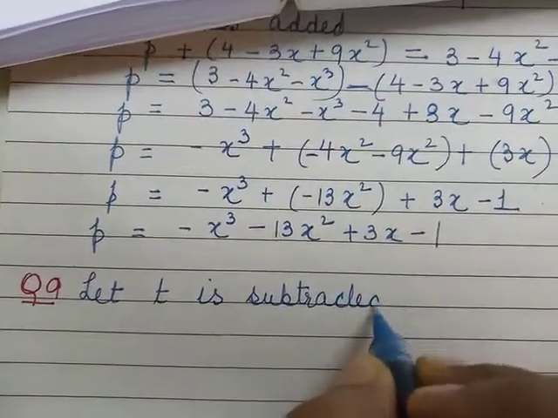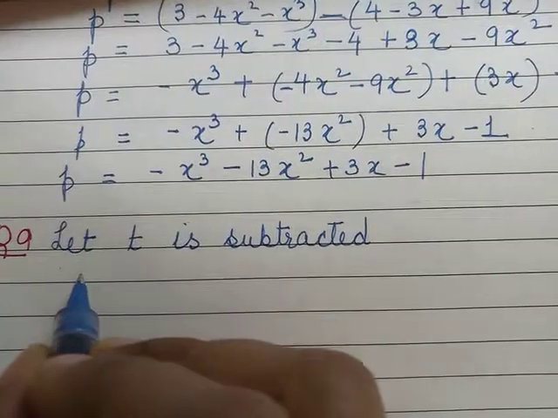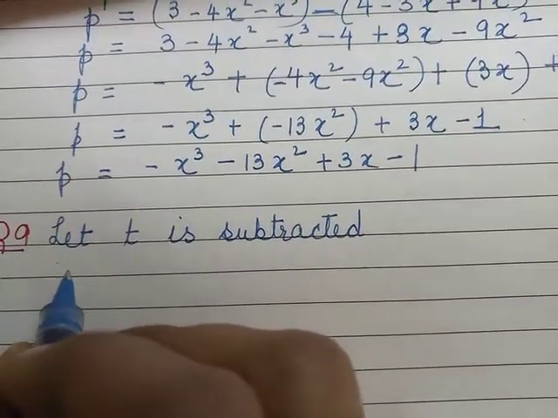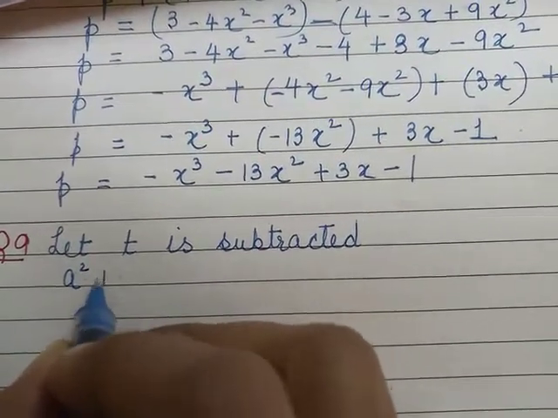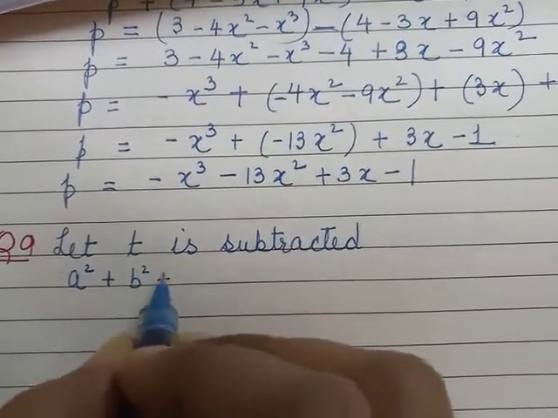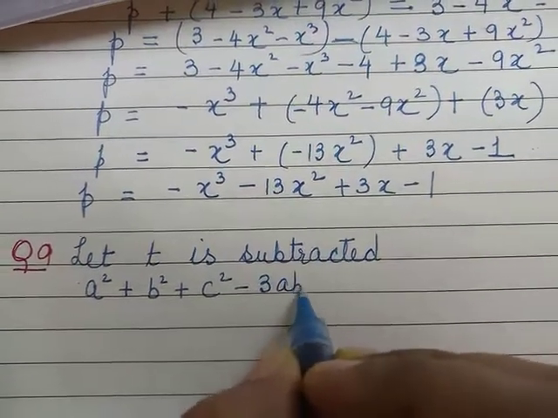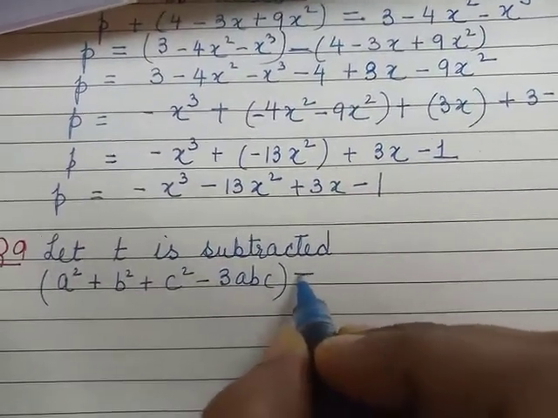Now we write the mathematical expression according to the given question. They are saying what must be subtracted from. So I told you firstly we write the from part. After the word from we have a square plus b square plus c square minus 3abc. Now what must be subtracted? So put the sign of subtraction.